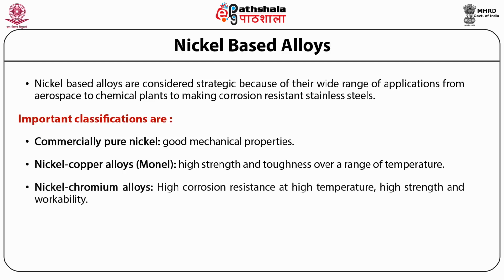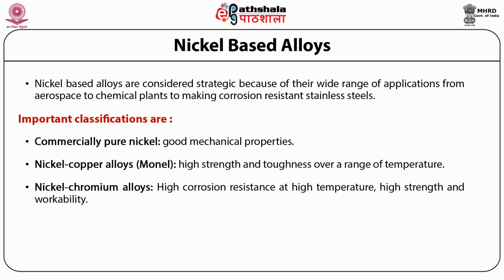Nickel chromium alloys have high corrosion resistance at high temperature, high strength and workability, and high temperature oxidation resistance. Heat exchanger tubing, chemical and food processing equipment, furnace muffles, etc. are made from these kinds of alloys.